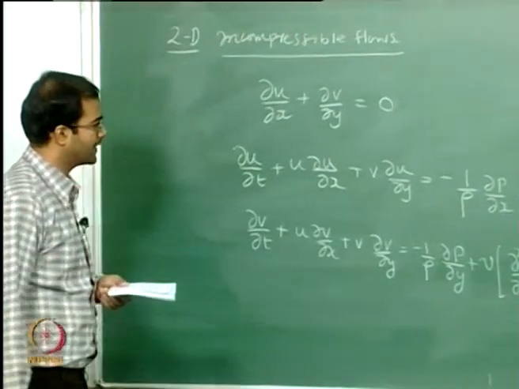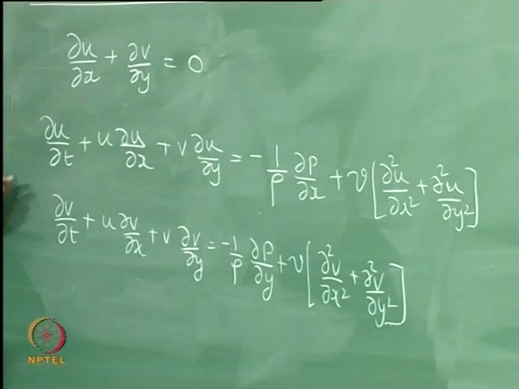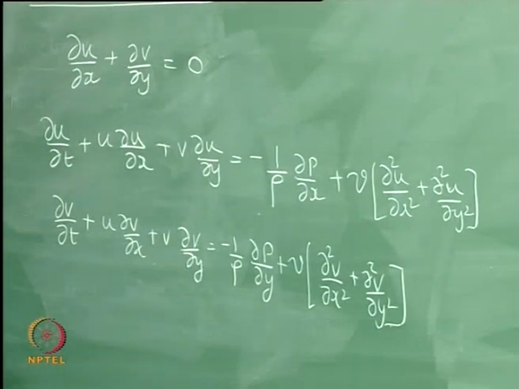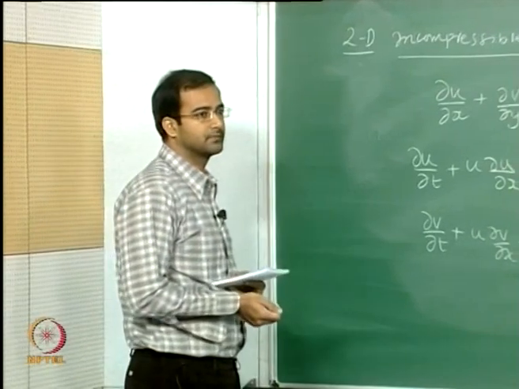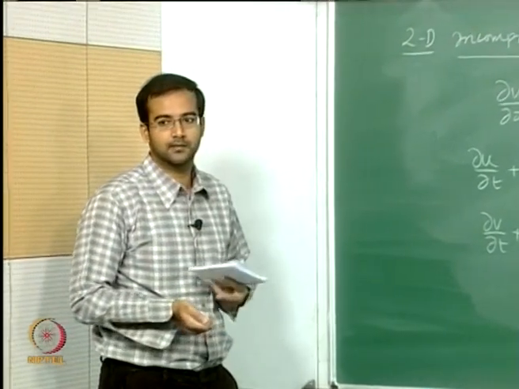So we will also write your energy equation. After we derive the stream function vorticity formulation, we will quickly go back to the energy equation and simplify that. So what is your 2D incompressible energy equation? We can directly write for temperature.